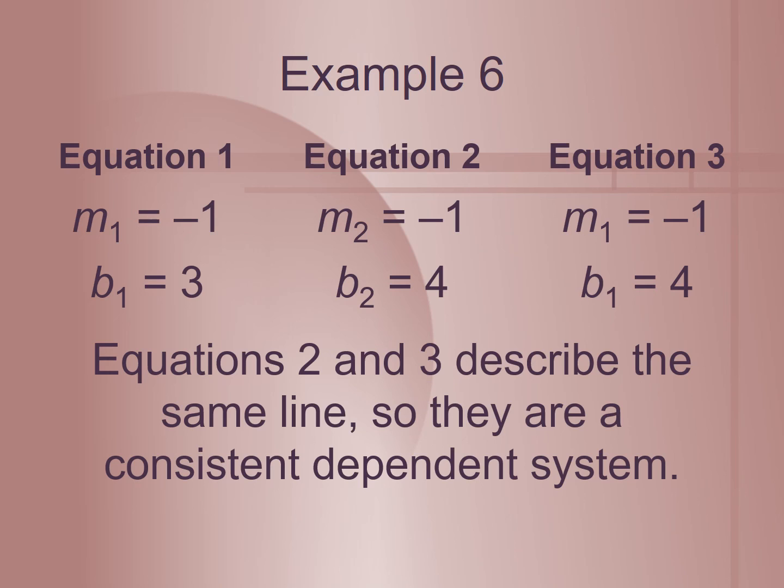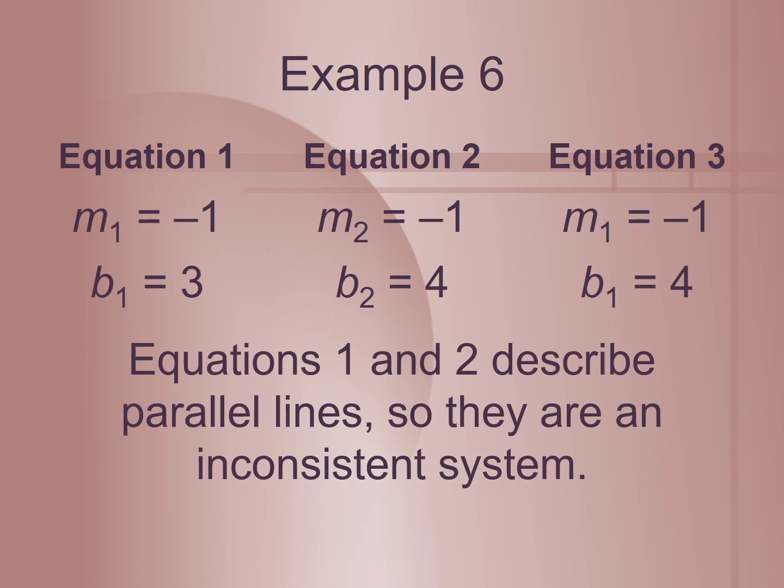So those are a consistent dependent system because they're going to have infinite solutions, and if we were to graph them, then we would see that they are the same line. They would be right on top of each other. Now, equations 1 and 2 are parallel lines, so they are going to be an inconsistent system because there's no intersection.